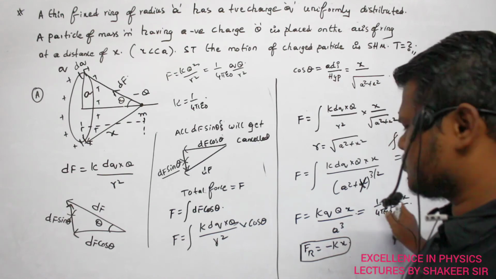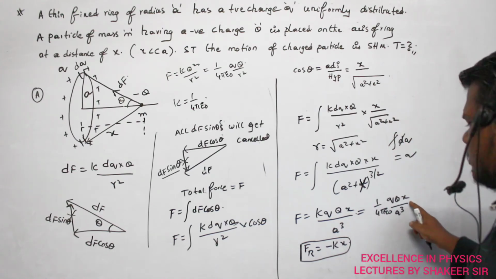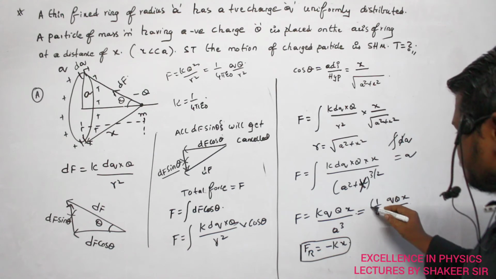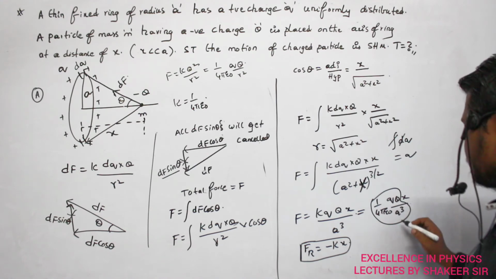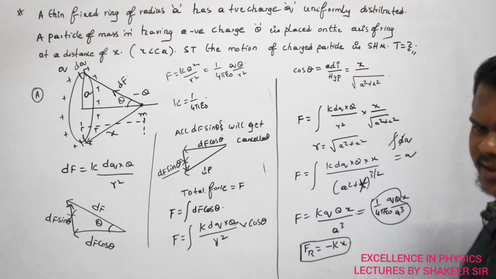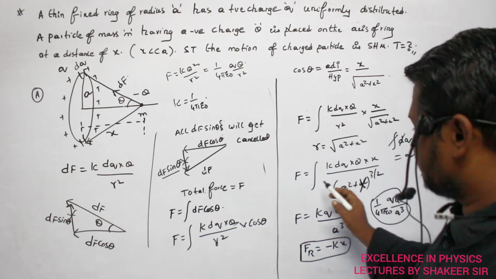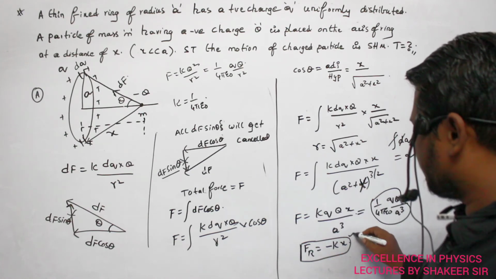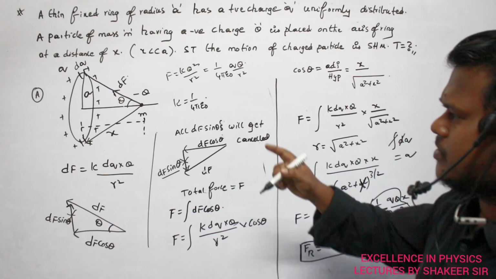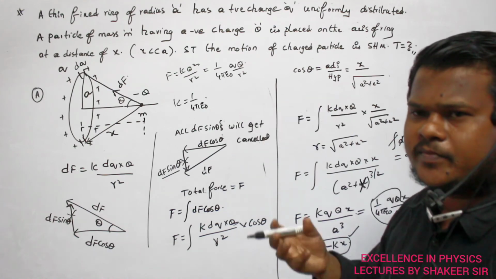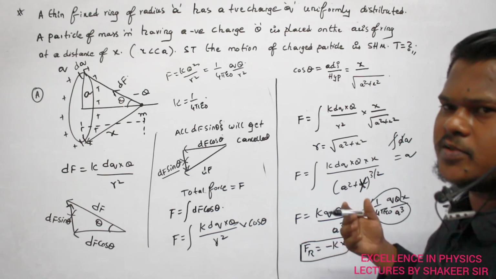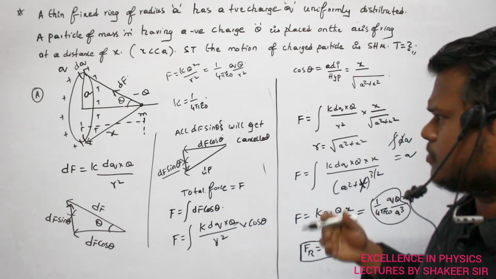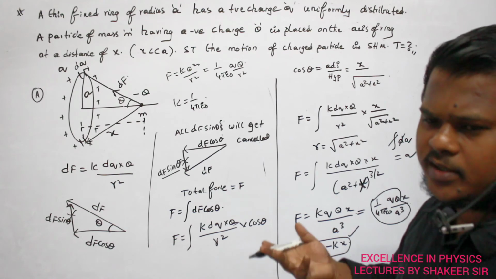Here also I have the term x, and all the remaining terms are constants: 1 by 4 pi epsilon naught is a constant, q is a constant, capital Q is a constant, a cube is also a constant. It means that this force is equivalent to that force, producing the restoring force which produces simple harmonic motion in the body. So it is proved that this force is producing simple harmonic motion.